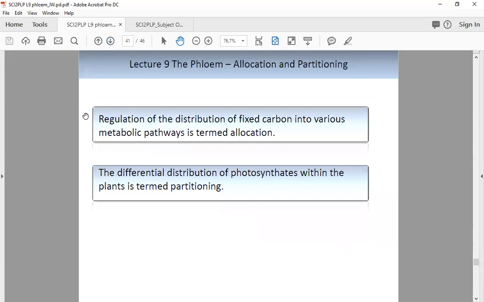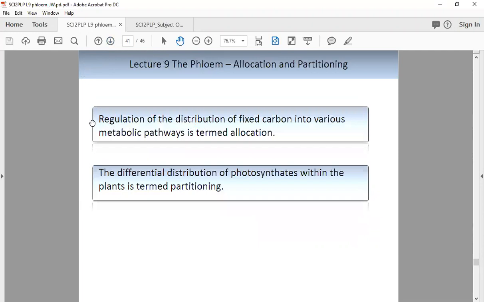All right, and we're going to finish by going over how photosynthates are actually distributed within the plant. In other words, allocation and partitioning, 2 terms that are often used interchangeably, but they just mean slightly different things. So the term allocation refers to regulation of the distribution of fixed carbon, in other words, sugars, into various metabolic pathways.